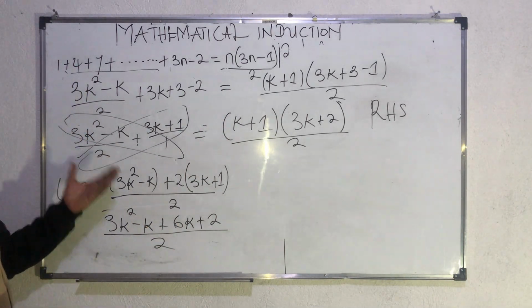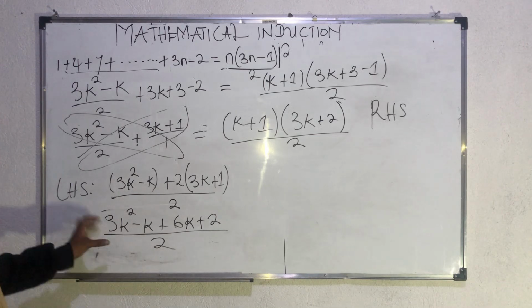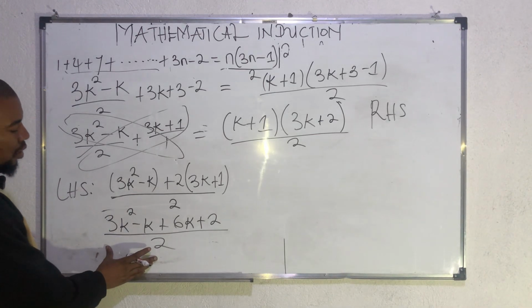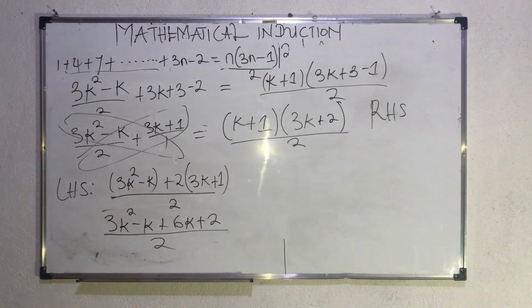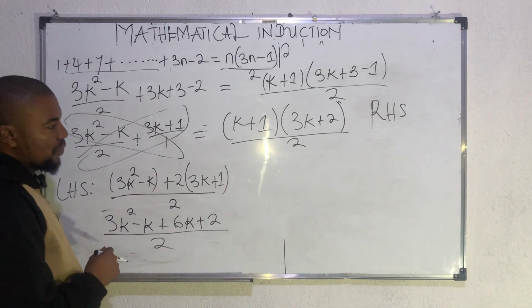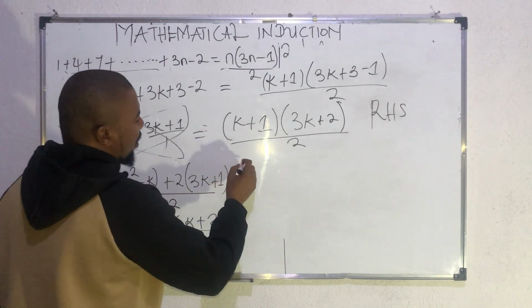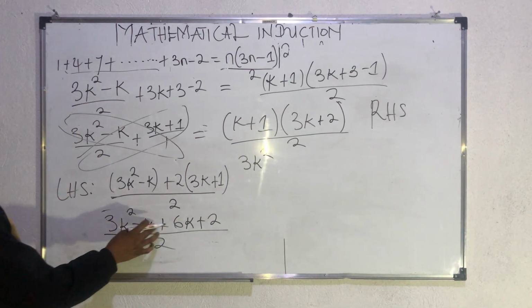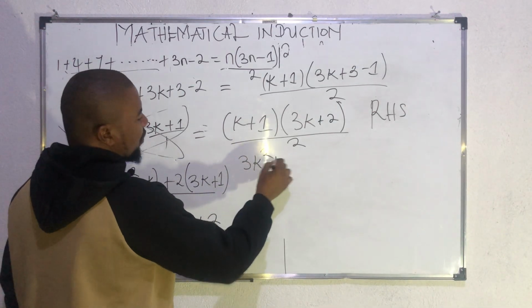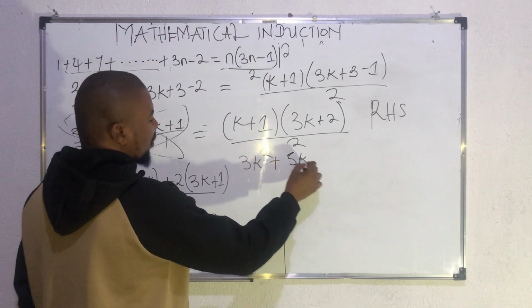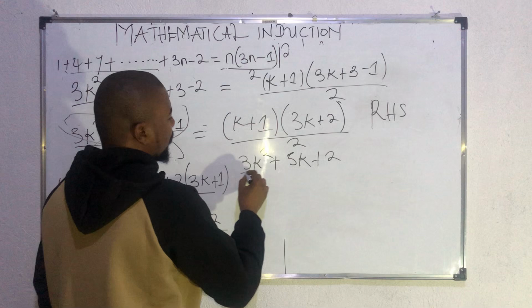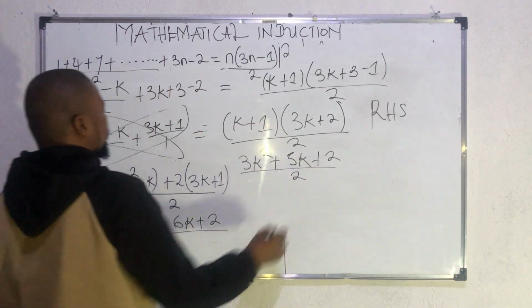Remember that this part now, we have to factorize, because it's now a quadratic expression which can be factorized. However, let me go ahead and simplify further. So here we have 3k squared, negative k plus 6k will give us a plus 5k plus 2, all over 2.